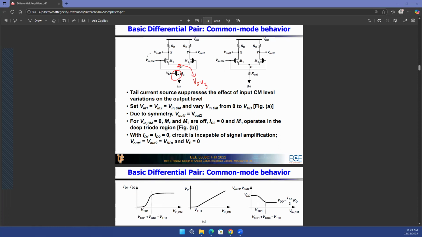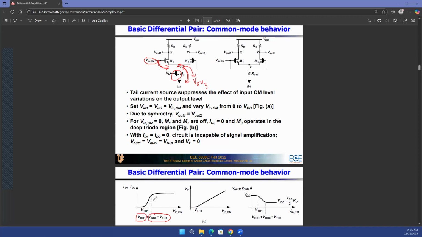So what is going to be the gate voltage in that case? The gate voltage is going to be the VGS, the gate to source voltage of transistor M1, plus the drain to source voltage of transistor M3. That is the total V in CM. There is a voltage drop from the input point to the point P, and then there is another voltage drop from point P to ground. The addition of those two voltages, one is VGS1 and the other one is VGS3 minus VT3. These are the two voltages that we just talked about.